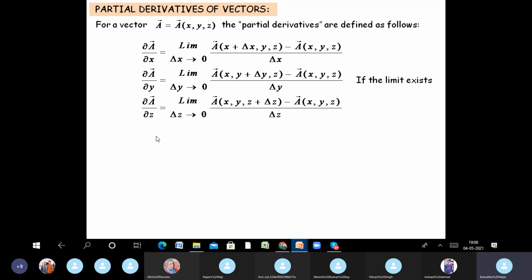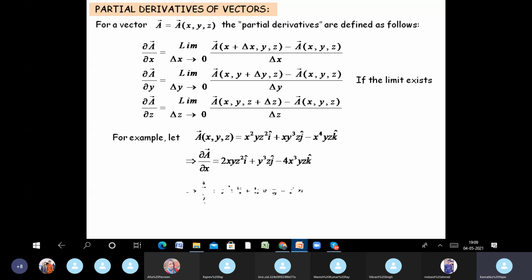Okay, and obviously you would then understand that the vector is not dependent on just a single variable but more than one variable, and we are taking partial derivative with respect to one of them, keeping the others constant. And then we did an example which most of you were able to answer. You gave the answers for the partial derivatives of these values that we did.